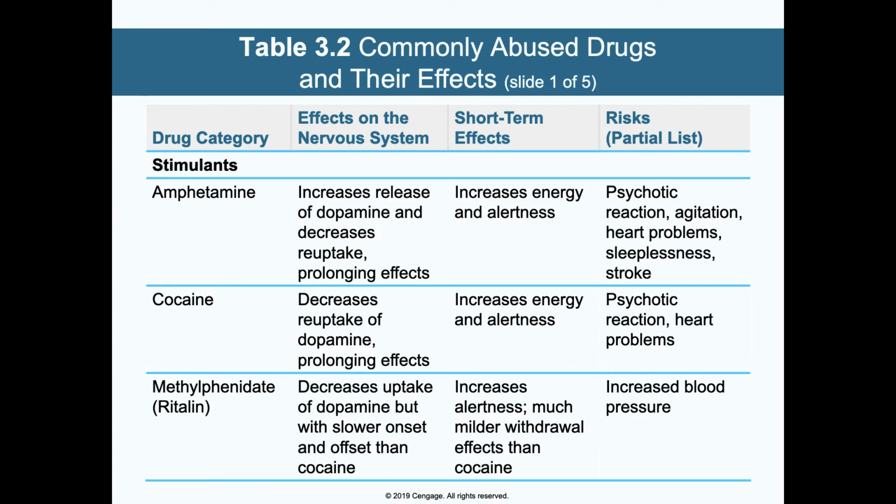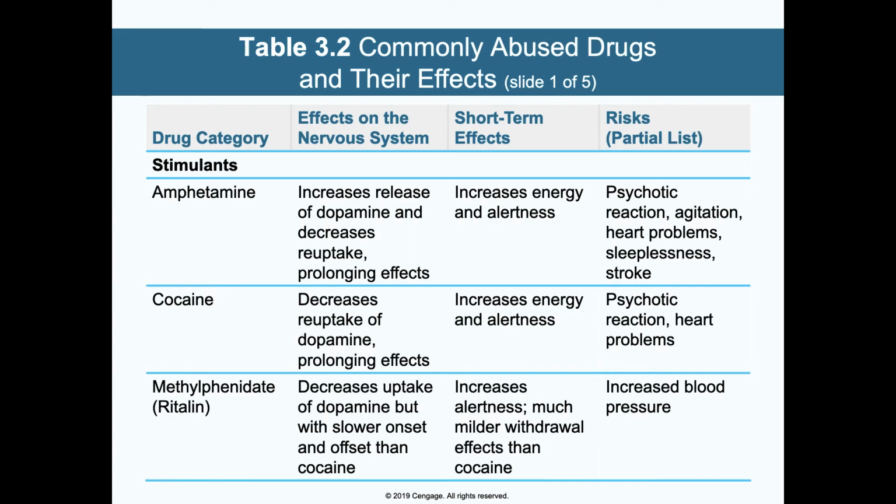Okay, now taking a look at the tops of each of these columns, effects on the nervous system obviously is what could happen if someone were to take or use this particular drug. Short-term effects can be both positive and negative.